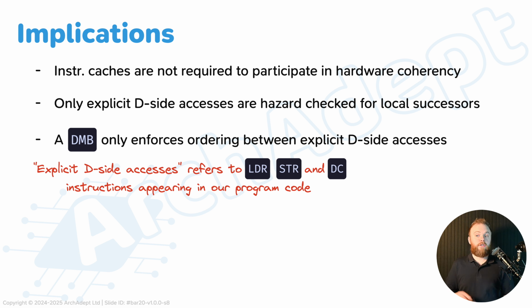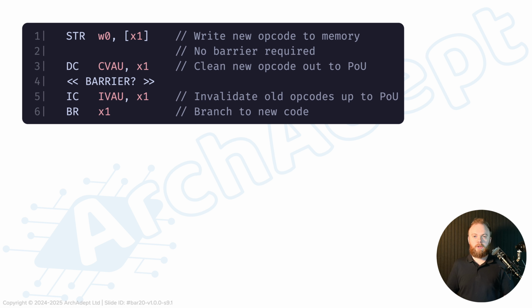Well, now we've hit on the second of our three implications, that being that only explicit D-side accesses are hazard checked for local successors. The instruction cache invalidate is an I-side access, not a D-side access, so it's not hazard checked against the D-side data cache clean. So yes, these two accesses can be reordered with respect to one another.